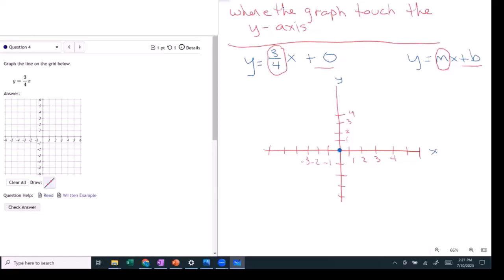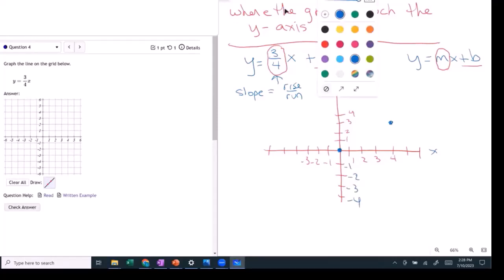And then if I know that my slope is 3/4, which is the rise over the run, that means I'm going up 3, 1, 2, 3, and to the right 4, 1, 2, 3, 4. Do you see? I went up 3 and I went to the right 4 because up is positive and right is positive. Because a negative over a negative is a positive.